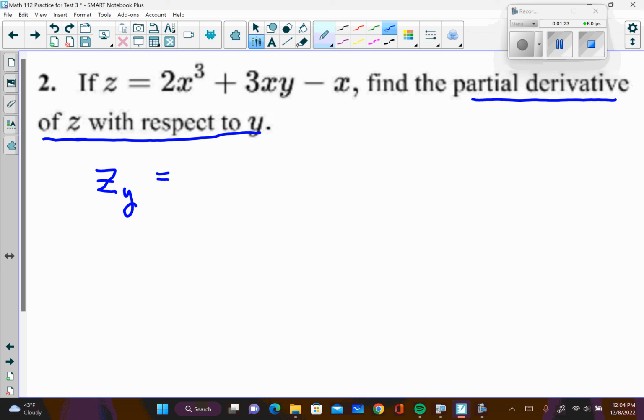The next term is a constant times y. The derivative of a constant times y is the constant. Y is the variable. And the derivative of negative x is 0 because we're treating x as a constant. The partial derivative of z with respect to y is 3x.